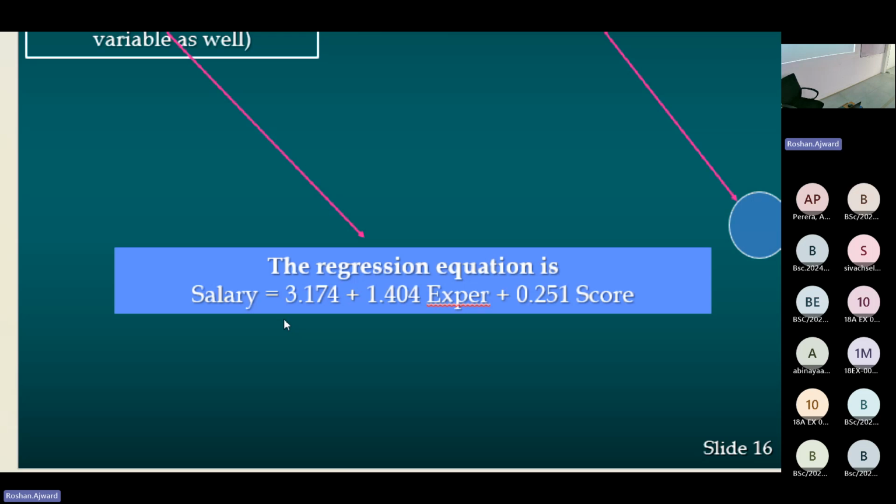The final regression model is 3.174 plus 1.404 experience plus 0.251 mark.